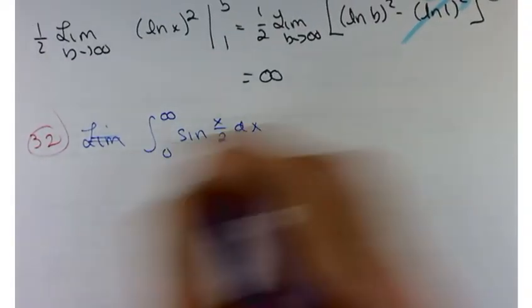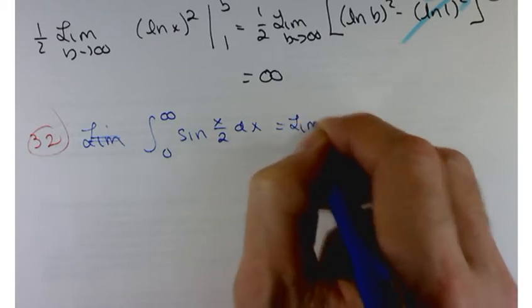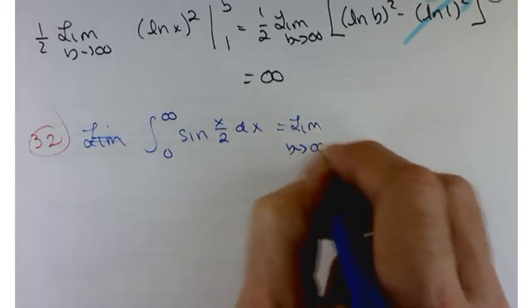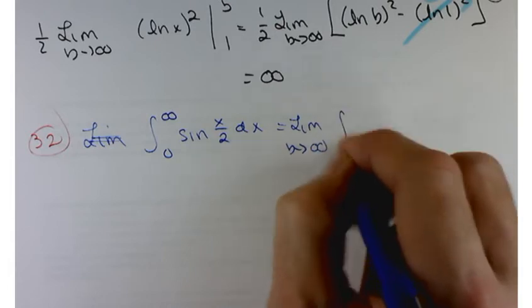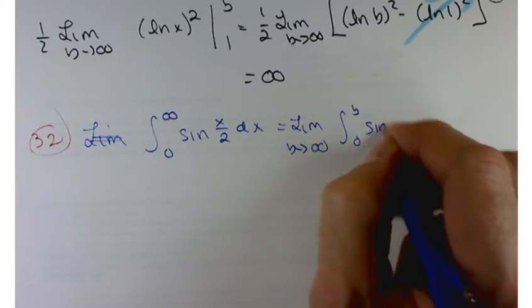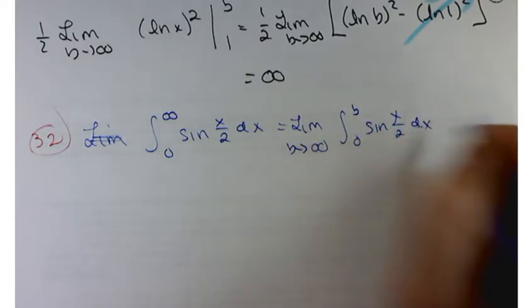So now I can write the limit. The limit as b approaches infinity of the integral from 0 to b of sine of x over 2 dx.